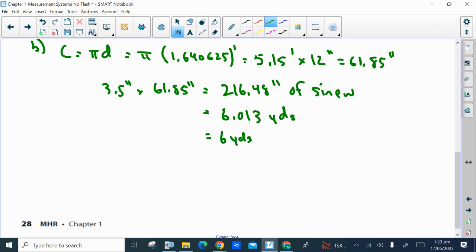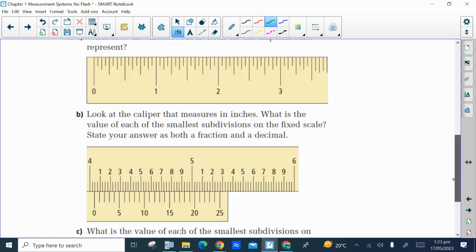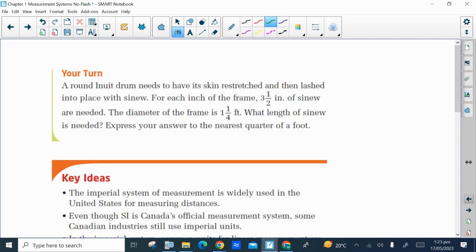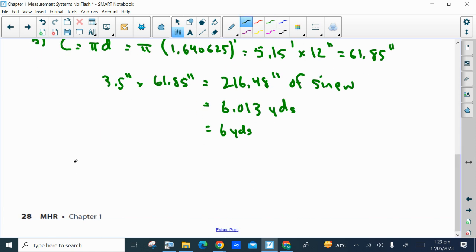So what you should be working on is page 31 to 34. Questions 7, 9 through 11, 13, and 14. You're going to want to copy this down before I shut it off.